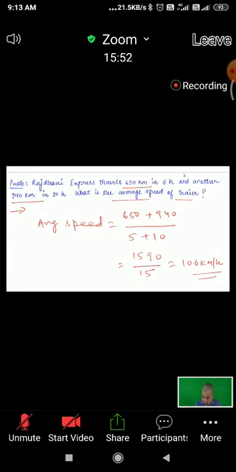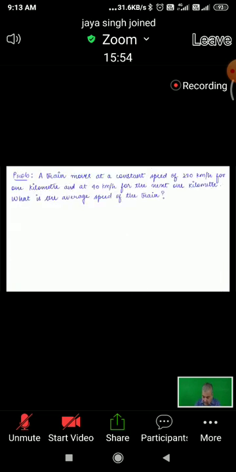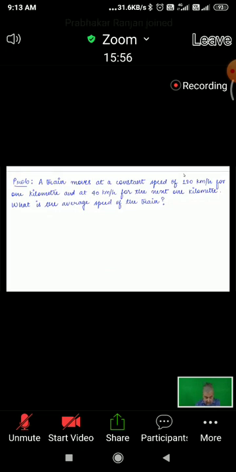Okay, now go to the next question. Try the next question. This is the next question. Try this. A train moves at a constant speed of 120 km per hour for 1 kilometer and at 40 km per hour for the next 1 kilometer. What is the average speed of the train?